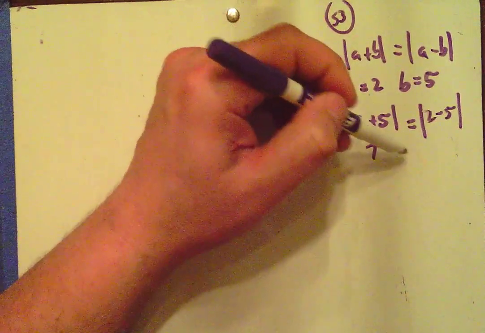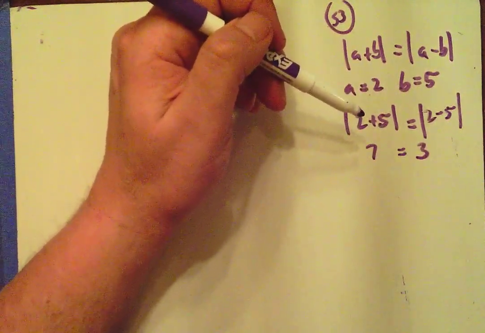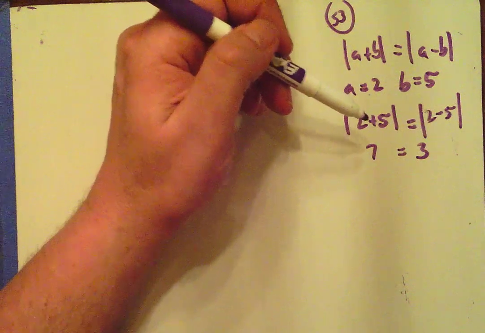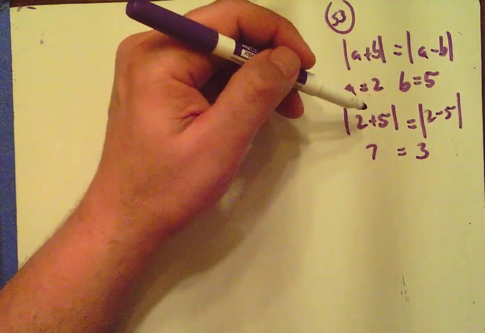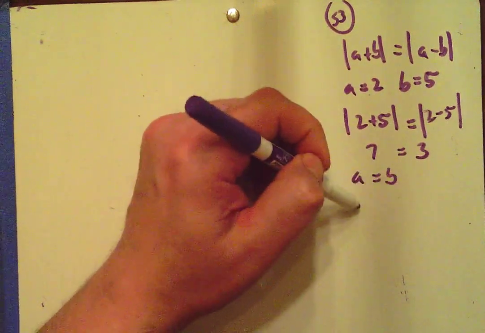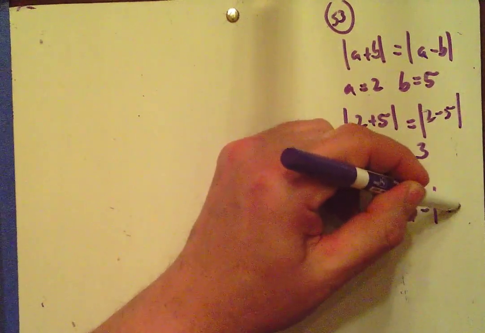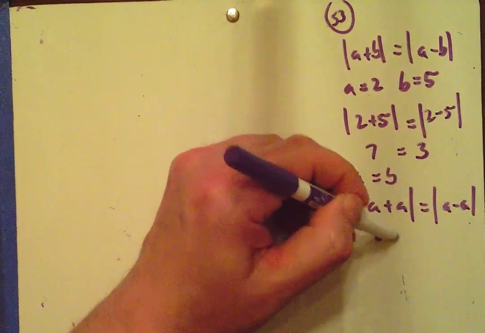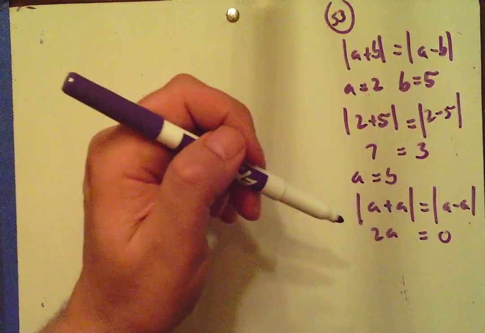No, because that's 7 equals 3 then. So A doesn't work. And what if the numbers are equal to each other? So if I make A equal to B, I've got A plus A and then A minus A. So that's 2A equals 0. That didn't work out so well.